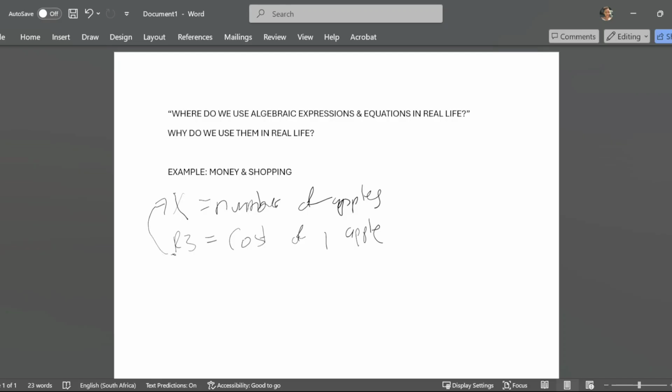So we write the algebraic expression. This is the algebraic expression. If you went through the previous video, you'll know that an algebraic expression does not have an equal sign. And the expression here will be 3x. This expression means 3 rand times the number of apples.